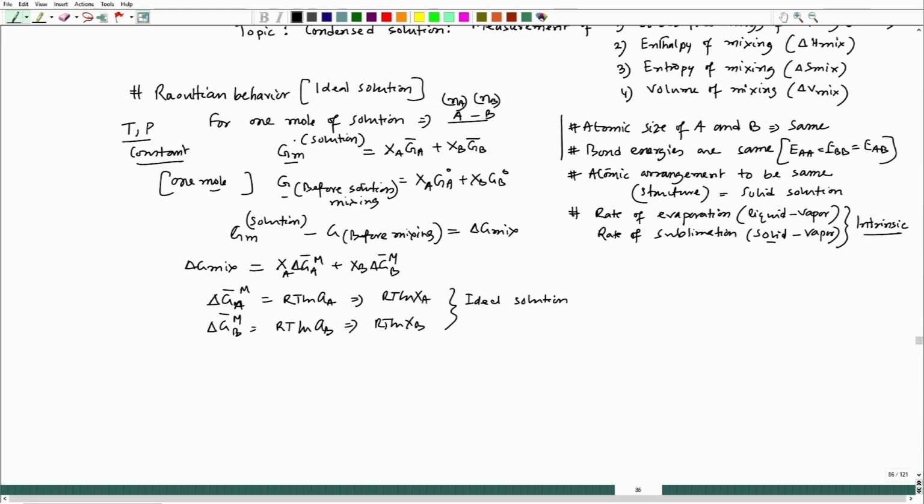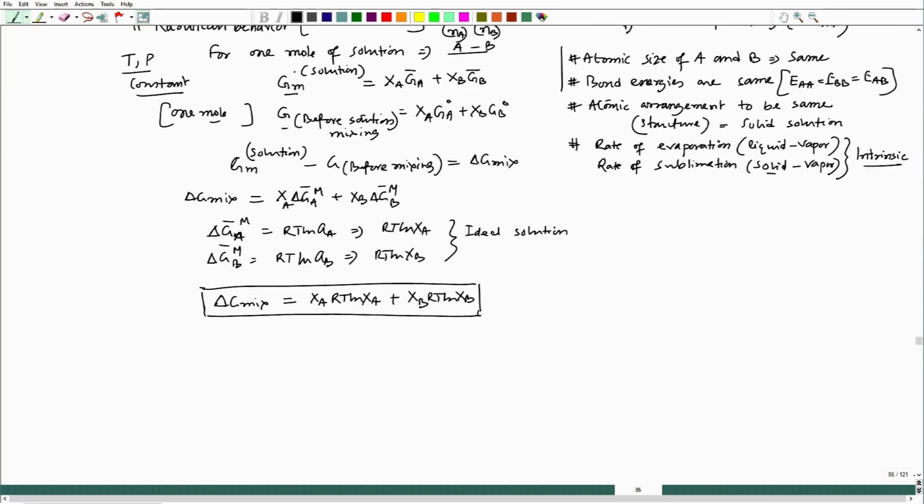So, we can get delta G mix equal to XA RT ln XA plus XB RT ln XB. This is the final expression we got. Now, let us calculate the enthalpy of mixing.